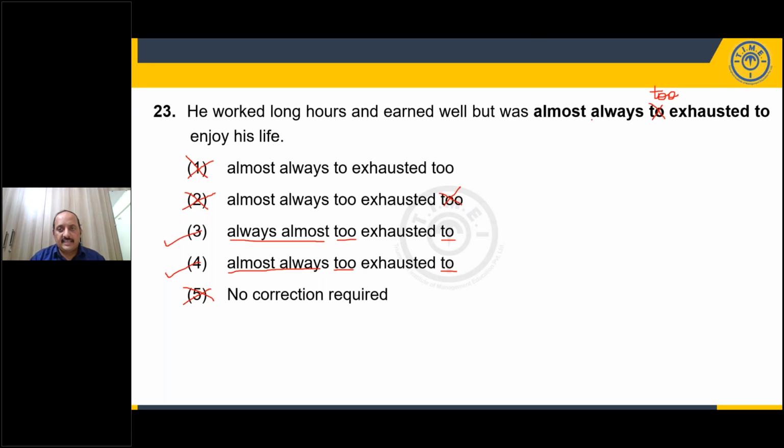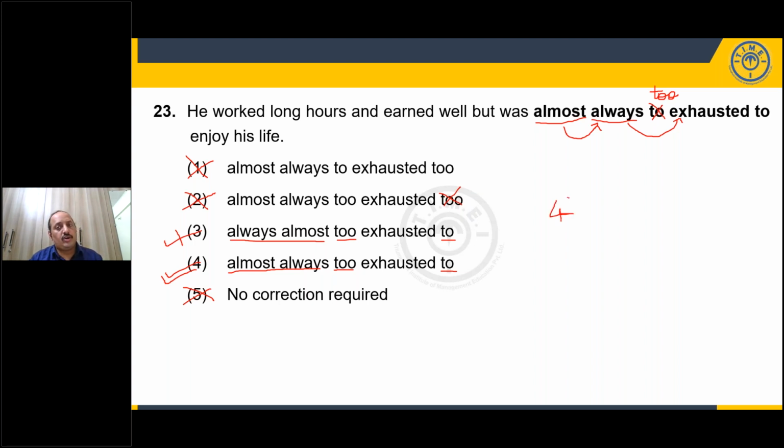So this always has to modify the too exhausted part, and this almost has to modify always. So I can't say always almost. I have to say almost always, because always is modifying the too exhausted part and almost is modifying the always part. So I have to say almost always and not always almost. My answer definitely is option number 4.